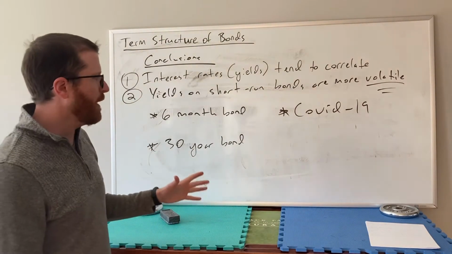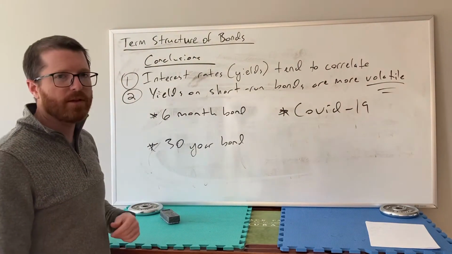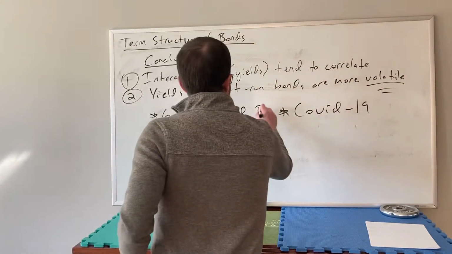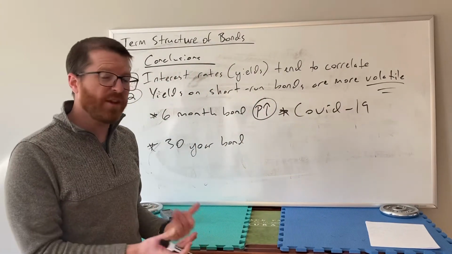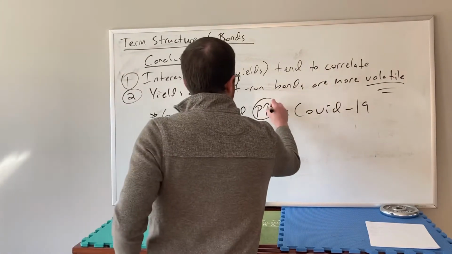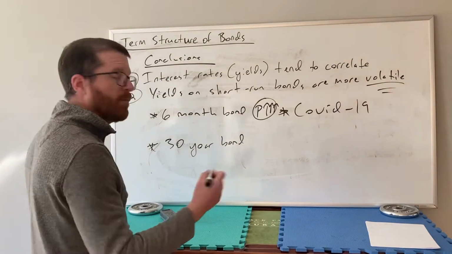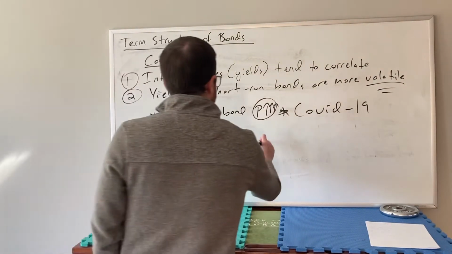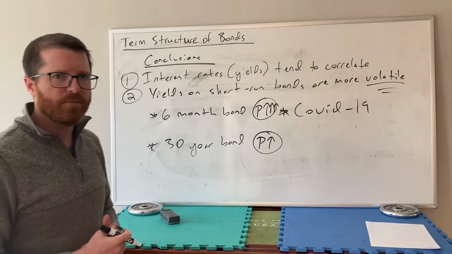So what we would expect to see is when COVID hits, something is going to happen to the price of these bonds here. Probably the price would go up, okay? Chances are interest rates go down. When the economy is bad, generally interest rates go down. So we would expect the price here to go up probably quite a bit, all right, for that 1-year bond or 6-month bond, okay? And then for this 30-year bond, the price will probably go up by a smaller amount, all right?